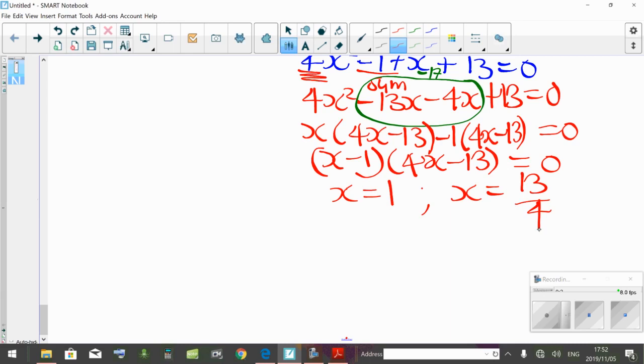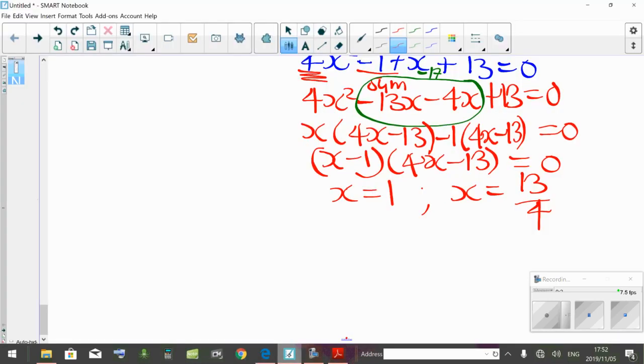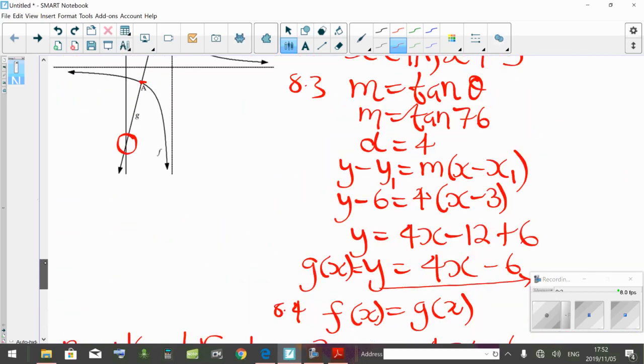Let's quickly go back to the question. Question says determine the coordinates of A and C. So we know that coordinate refers to x and y value.